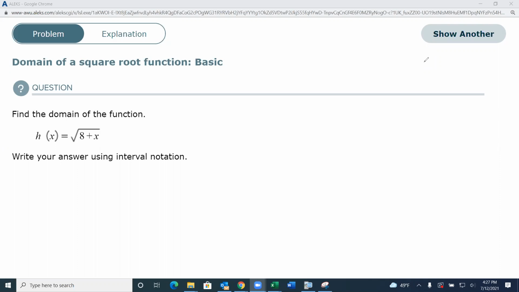The other situation is with square roots, because you can't do square root of a negative. That's not strictly true, but we're going to continue to labor under that delusion. So 8 plus x, whatever's inside the square root, must be at least 0. It can't be negative.